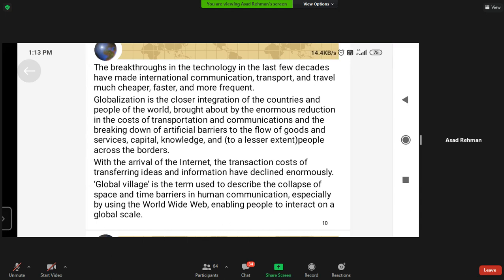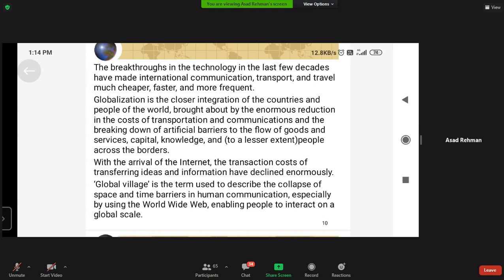So this is the breaking down of artificial barriers to the flow of goods and services, capital, knowledge, right? Ultimately, technology like artificial intelligence, virtual reality or augmented reality is very helpful in tailor making the products and services for the consumers across the globe.